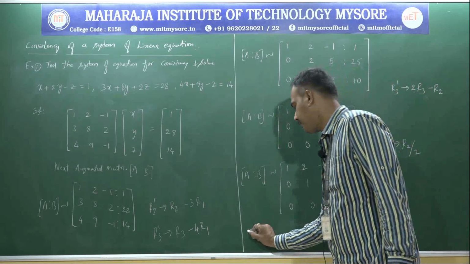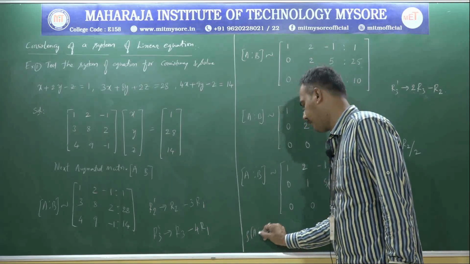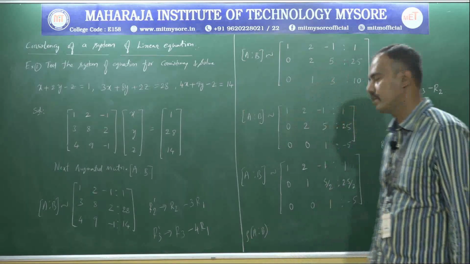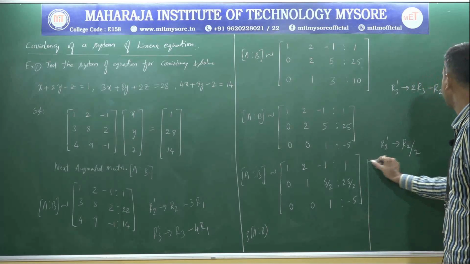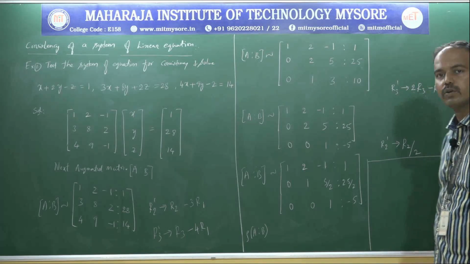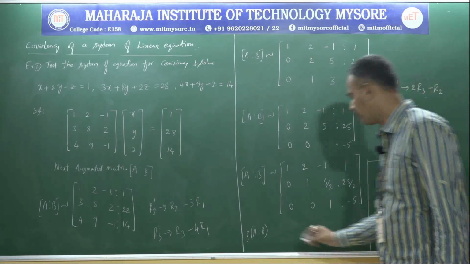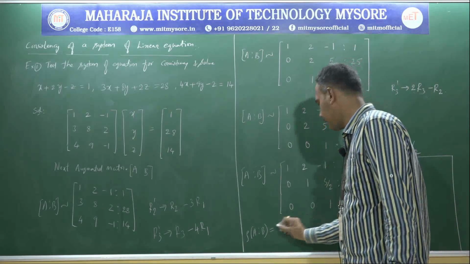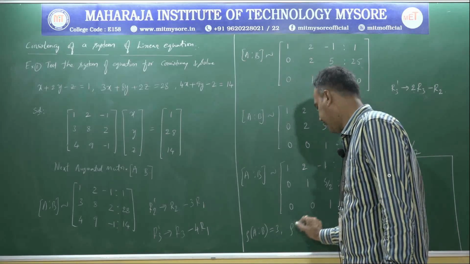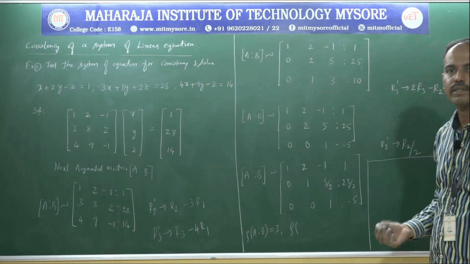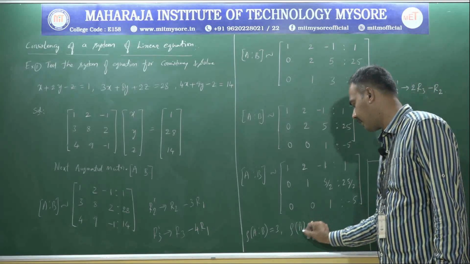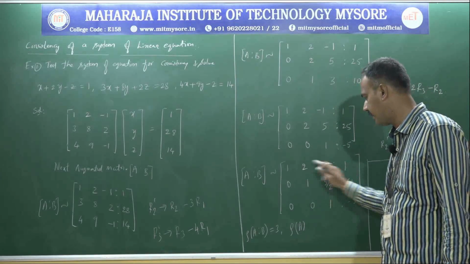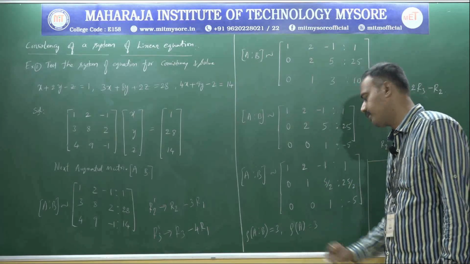Now we can represent the rank of the augmented matrix. The rank of the augmented matrix is the number of non-zero rows, 3. Next, the rank of the matrix A, concentrating only on the matrix A, that is also 3.